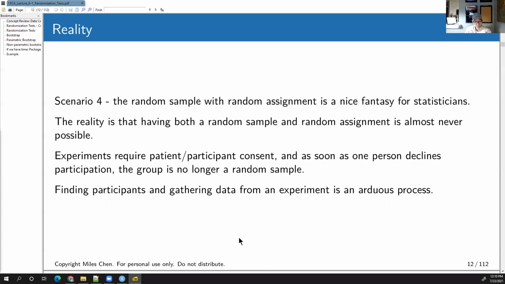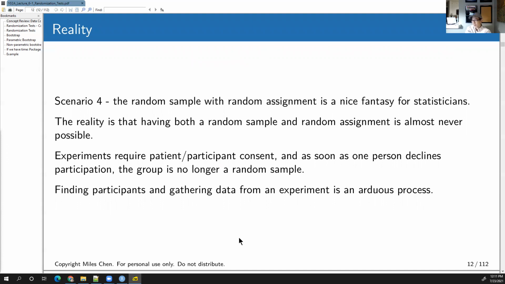So this fourth scenario, where we have both random sampling and random assignment, is kind of a fantasy scenario. It's almost never going to happen in real life.